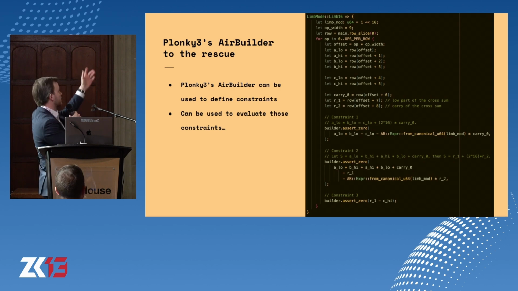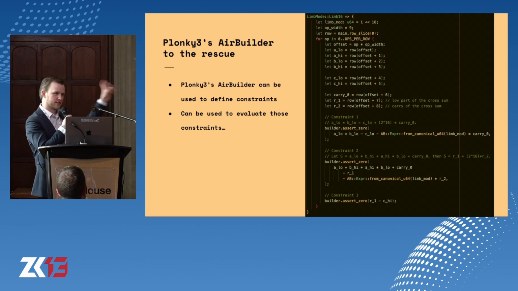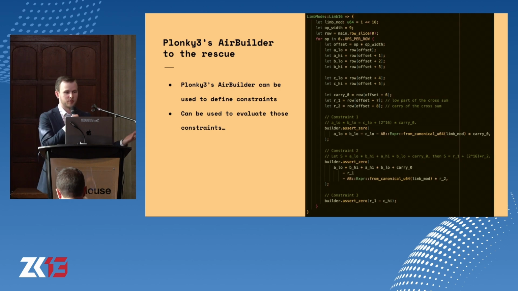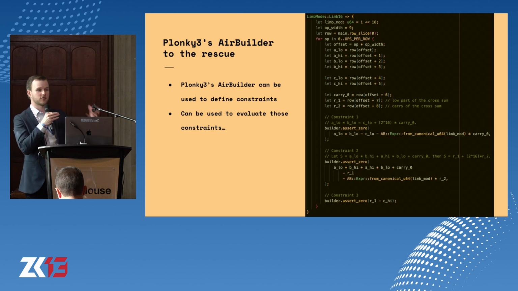And we're constraining them using the Plonky3 builder.assert_zero. It's like, this constraint needs to be satisfied. I love Plonky3's AIR builder. I think it's super flexible. It's awesome. What this implementation lets you do is instantiate that builder with something that works as the STARK prover.